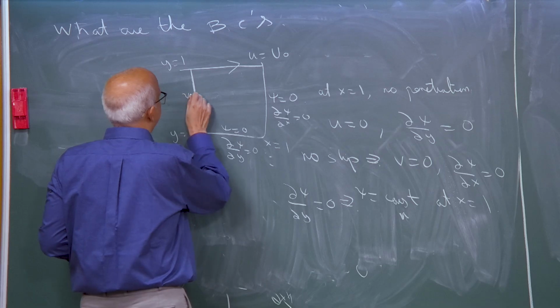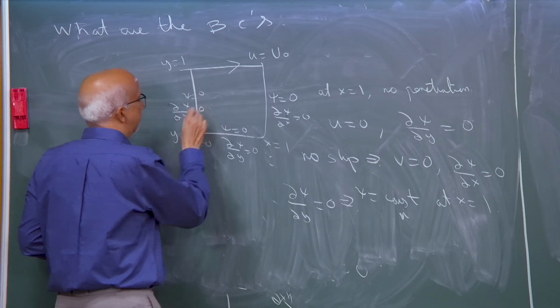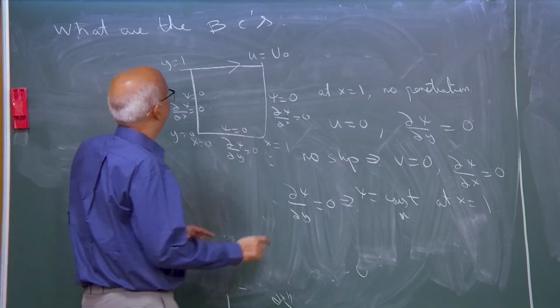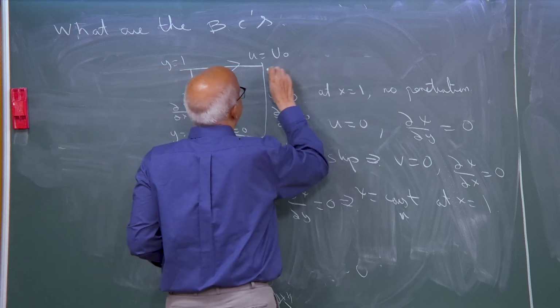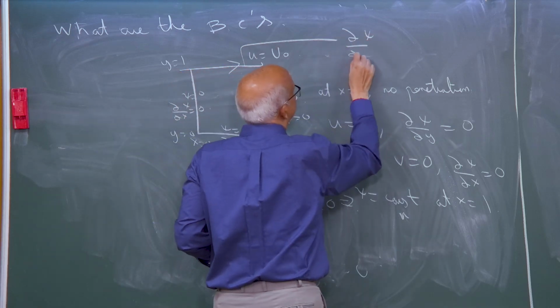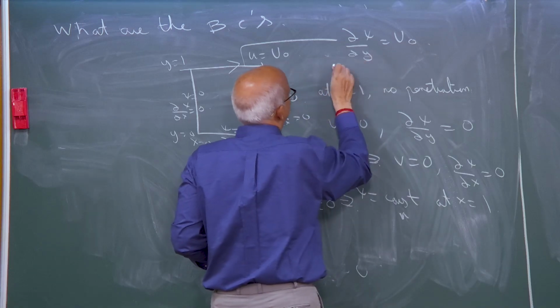Here you will get psi equals 0, d psi by dx equals 0. Here the x component of velocity is d psi by dy, so you will get d psi by dy equal to u naught and psi equal to constant.